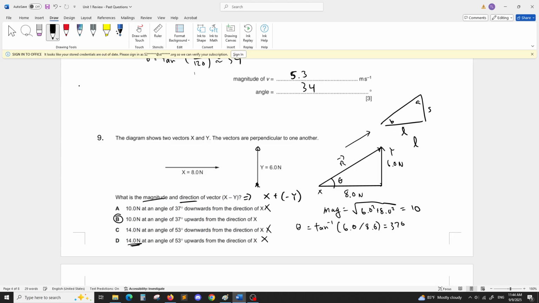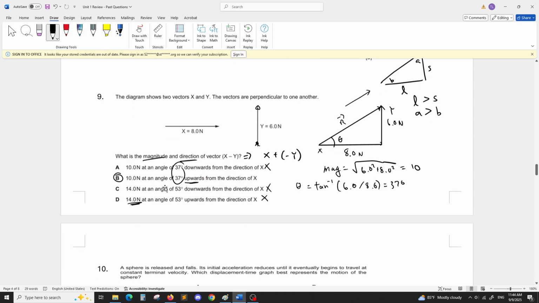Since the longer side is greater than the shorter side, then we know that the angle of A is greater than the angle of B. So I know that it's definitely going to be a smaller angle and it has to be upward, so it's most likely B. I don't think this is actually tested on AICE physics. This is simply just a sanity check that's relatively quick.